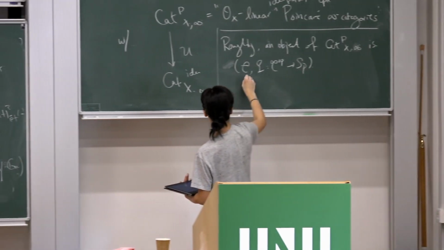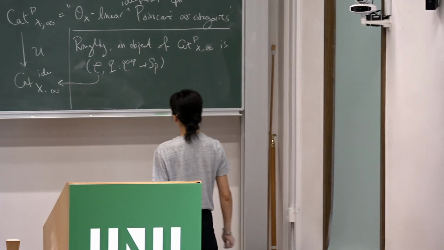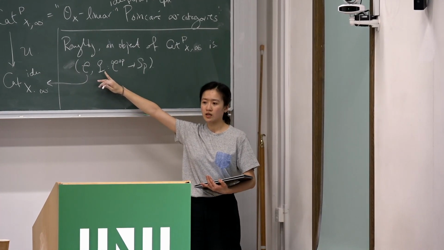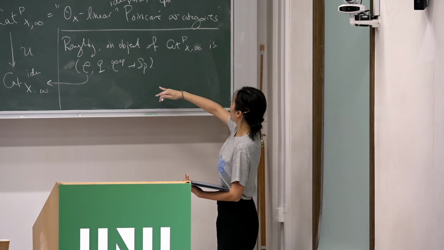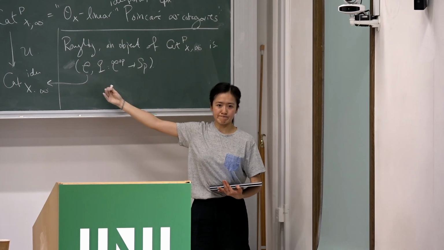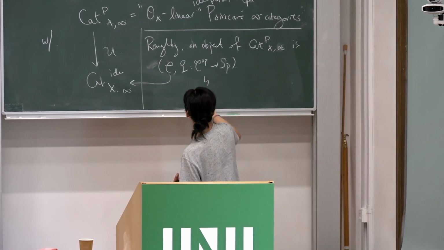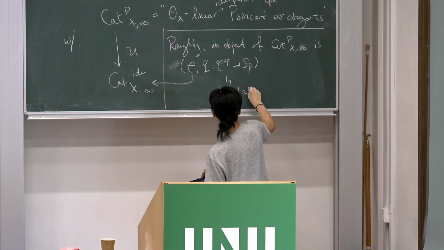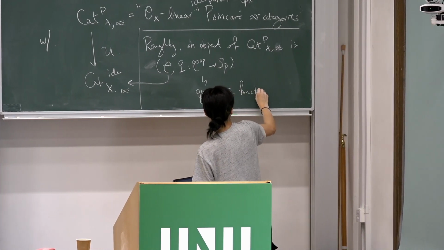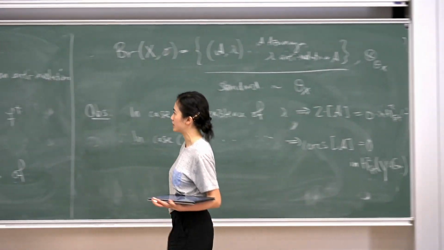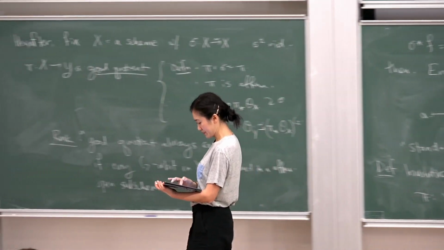C lives down here, and kappa is some additional structure that allows us to talk about Hermitian forms on objects in C, satisfying certain conditions. Maybe now is not the best time to get into what they are.